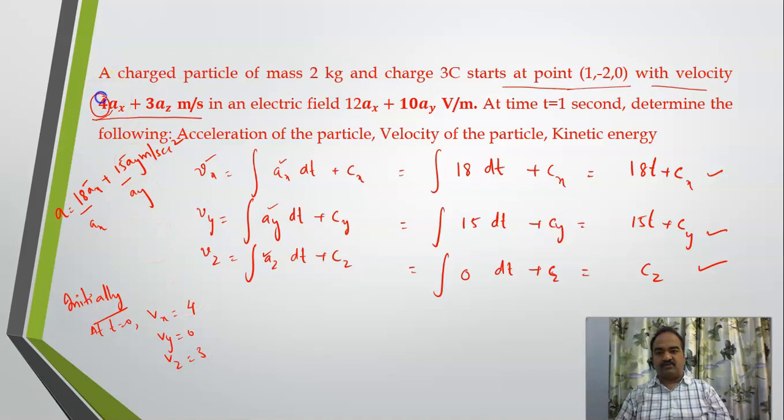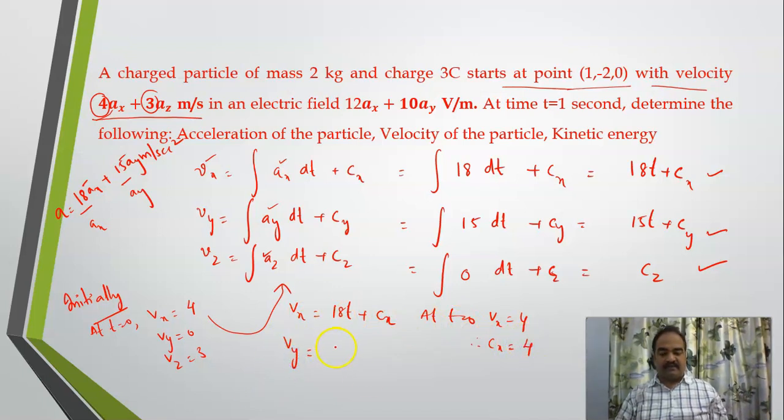See, this is ax component, this is az component, there is no ay component. So I will utilize these conditions now. I will substitute here, vx is equal to 18t plus cx, right? So at time t is equal to 0, vx is equal to 4. Therefore, what is cx? If I substitute here, what I will get, cx is equal to 4.